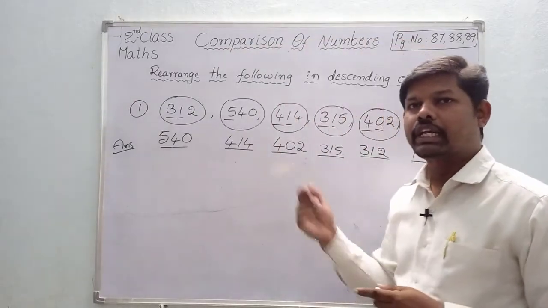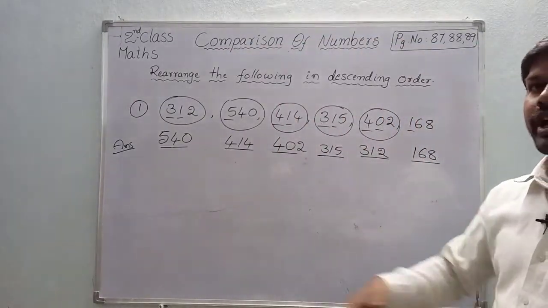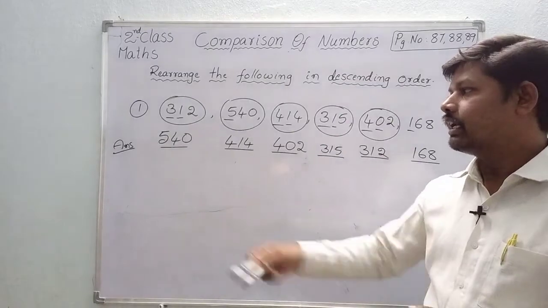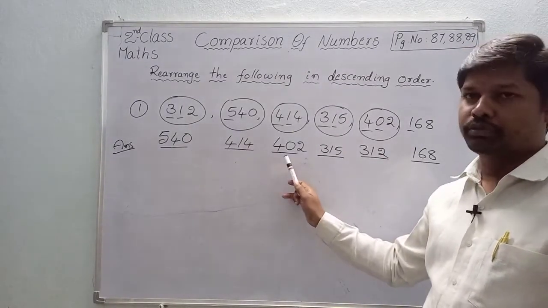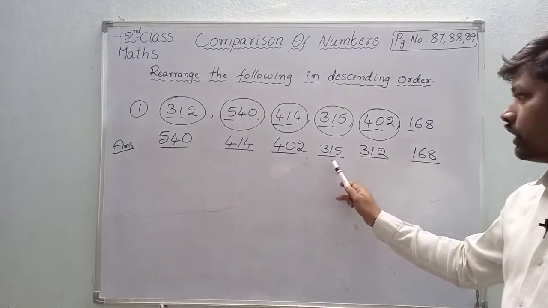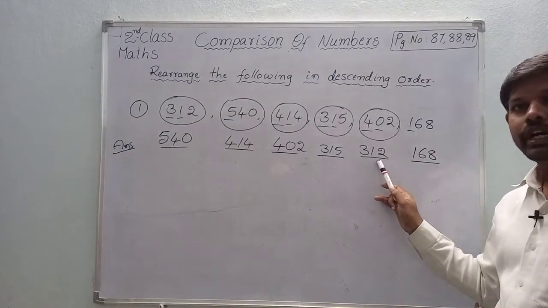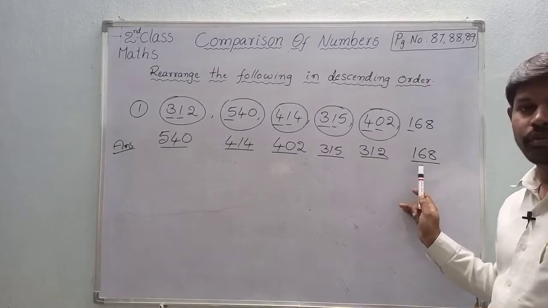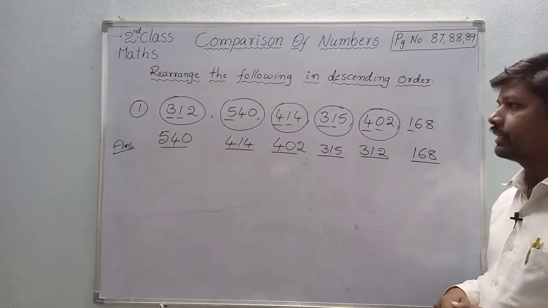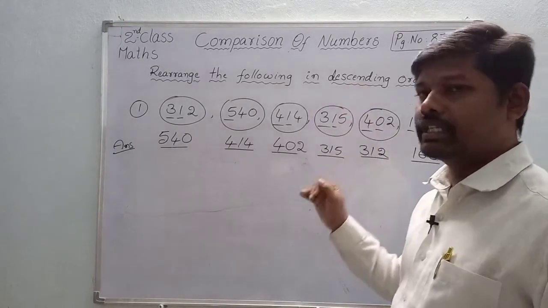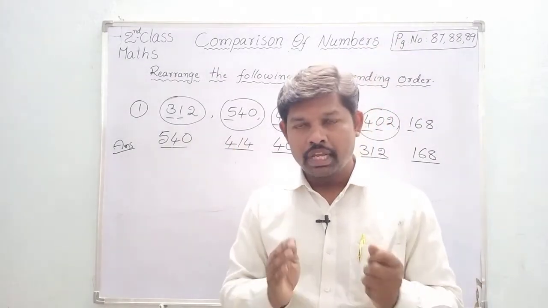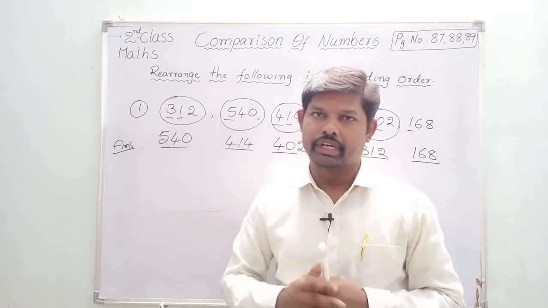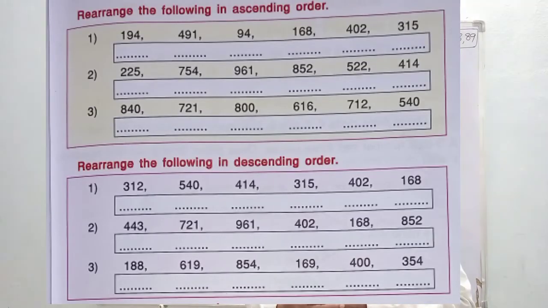Okay, observe once clearly. 540 is the biggest number, then 414, then 402, 315, 312 and 168. So this is the descending order of the given numbers. Like that we can write descending order of given numbers. So 2 more problems are there. You have to write them down as it is.